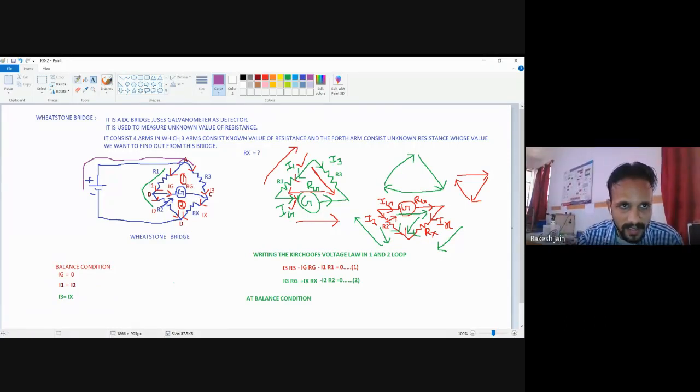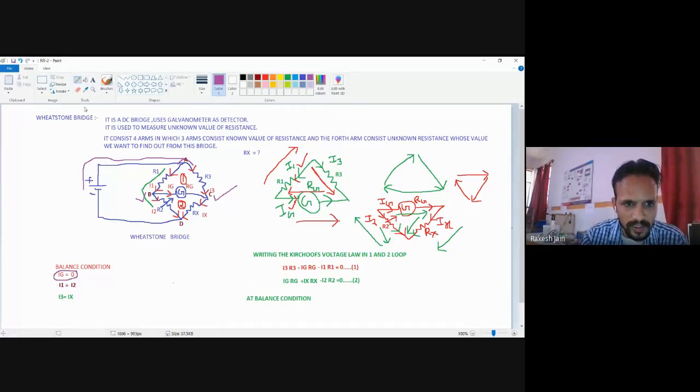We know that the balance condition states that the voltage difference between the B and C terminals of the galvanometer is equal to 0, or we can say the B terminal voltage and the C terminal voltage will be equal to each other. It means there will be no current flow in this galvanometer. So Ig equal to 0.